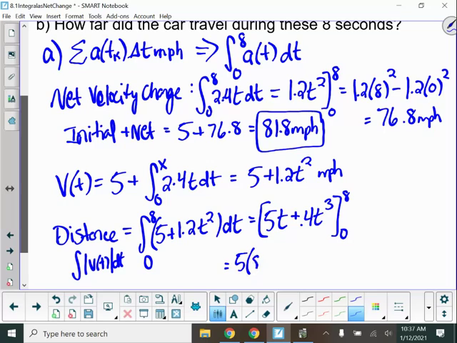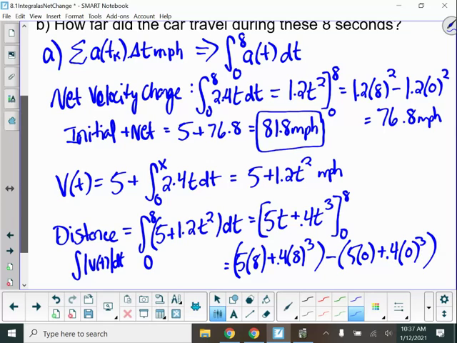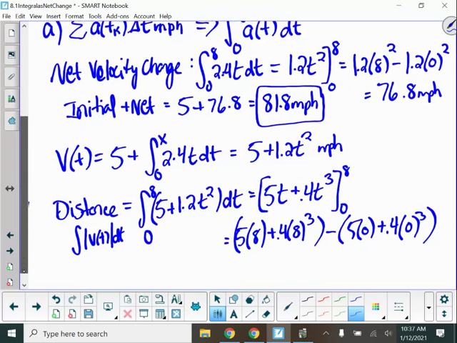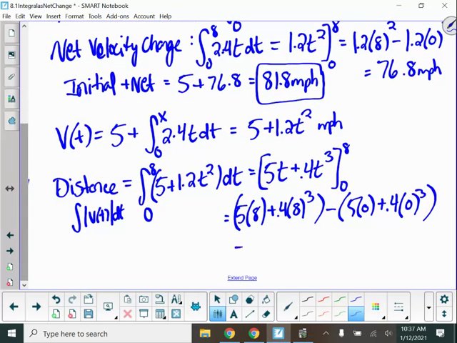So again, using the fundamental theorem, 5 times 8 plus 0.4 times 8 cubed minus 5 times 0 plus 0.4 times 0 cubed. And that's going to be 244.8 miles per hour times seconds.